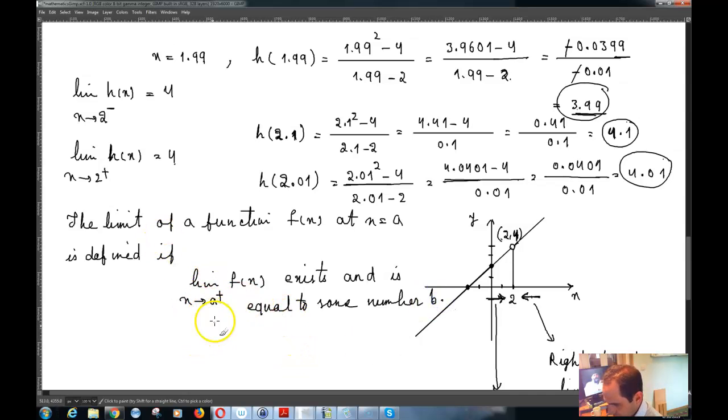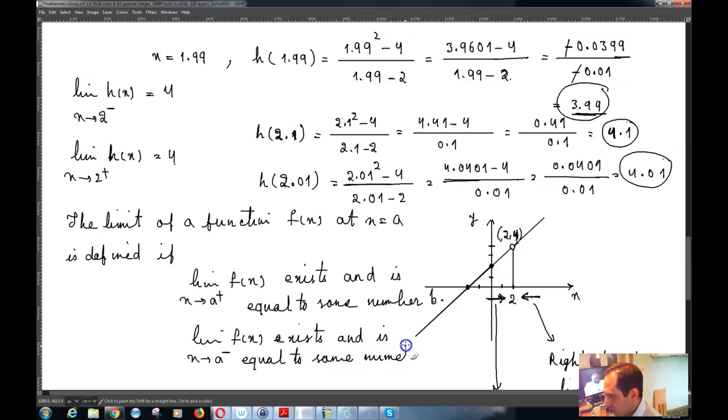And also if the limit of f of x when x tends to a from the left exists, since sometimes the limit simply does not exist. The limit exists and is equal to some number, for example, some number b.